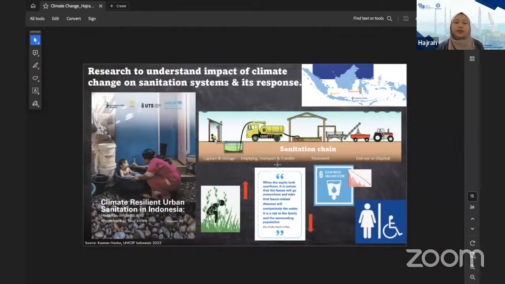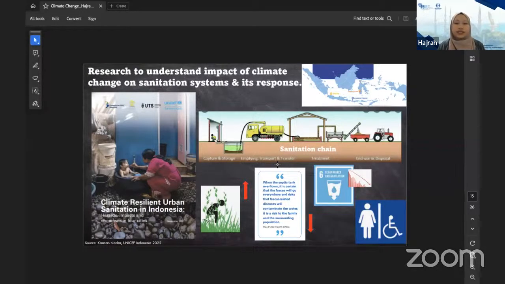For example, if you ever hear about open defecation free, Indonesia is still struggling to stop open defecation, and some of the climate change, they will to do this in the decent toilet.